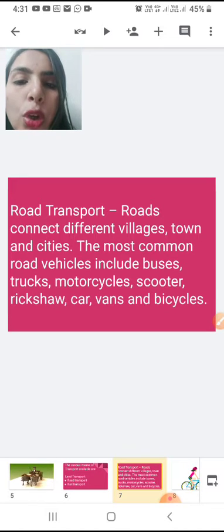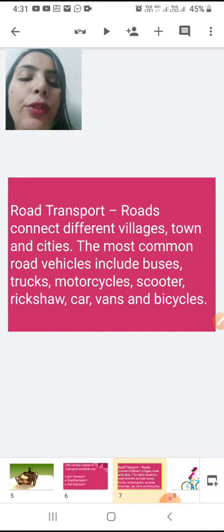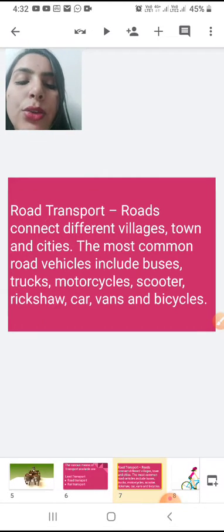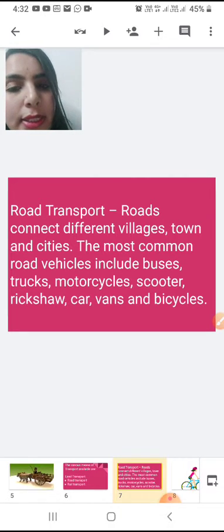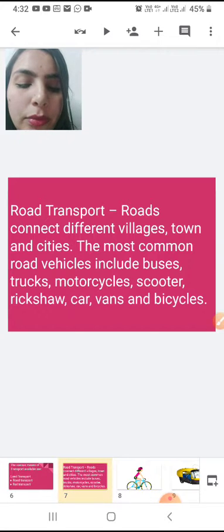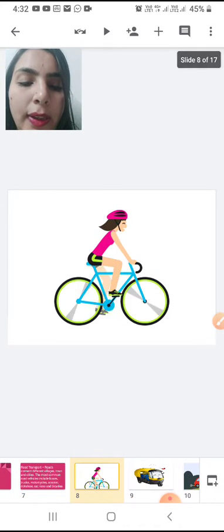When we go to any village, town or city through the road, we use these different kinds of vehicles, which are trucks, motorcycles, scooters, buses, rickshaws, cars, vans and bicycles. These are the different kinds of road transport. Now see, this is a bicycle.